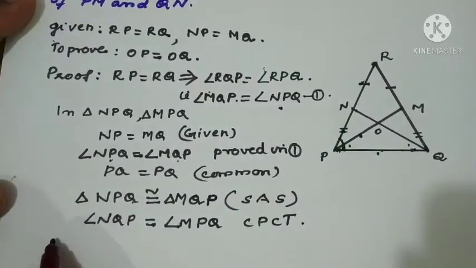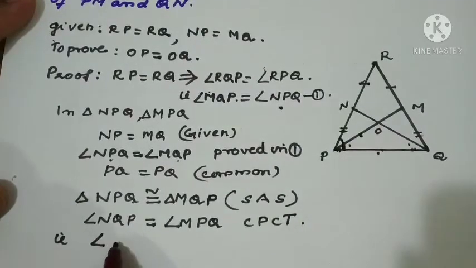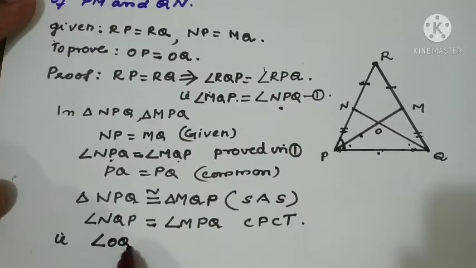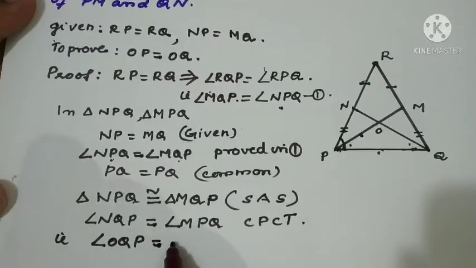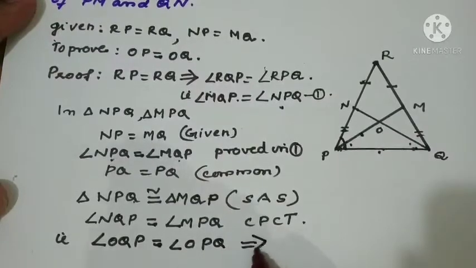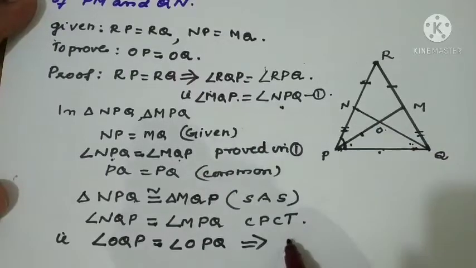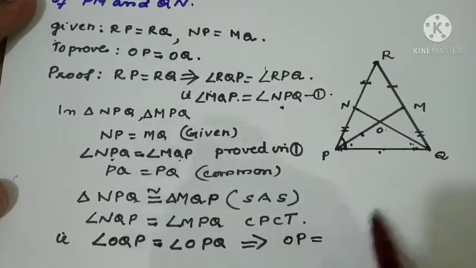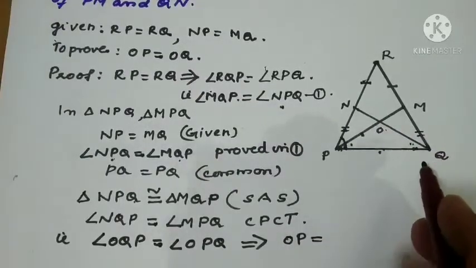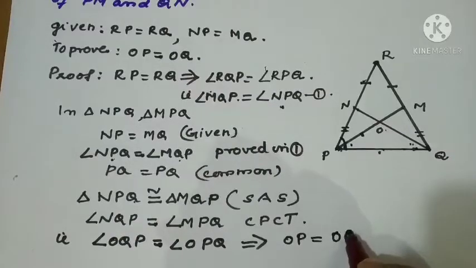So angle OQP equals angle OPQ. Angle OQP has the opposite side OP, and OPQ has the opposite side OQ.